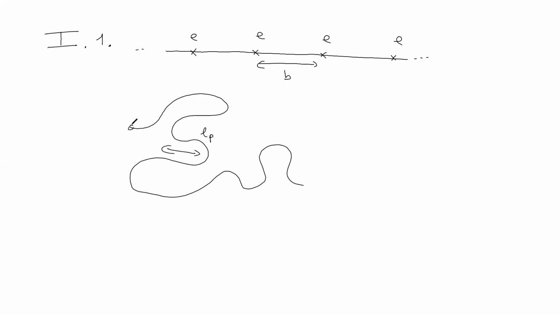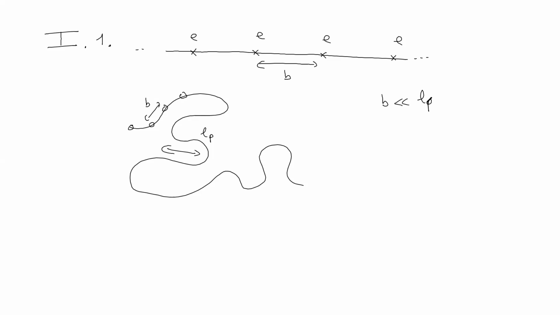And at the same time, we are saying that, well, we have monomers. I won't draw all of them, but they are spaced by a certain distance, small b. And so the first requirement for this model to be valid, well, you need to have b much smaller than the persistence length. That's a prerequisite. So that really you don't see the curvature, and you can stay very linear and stiff.